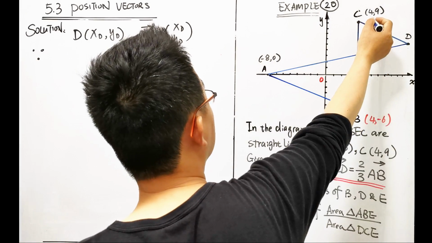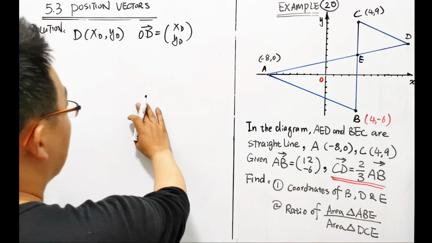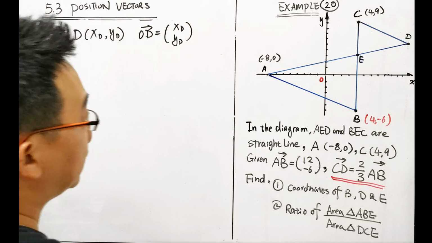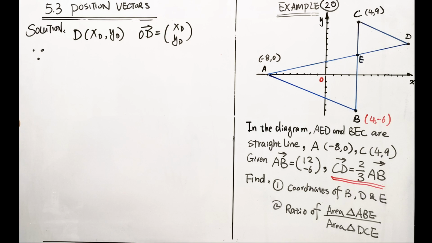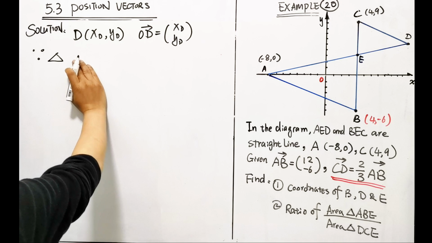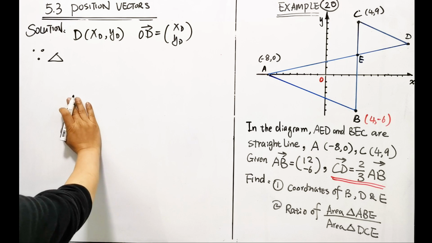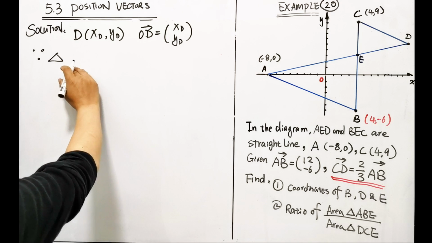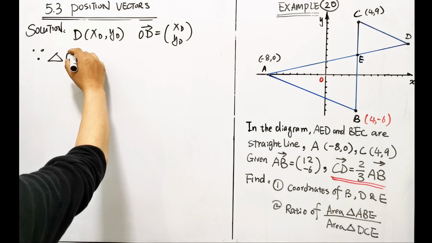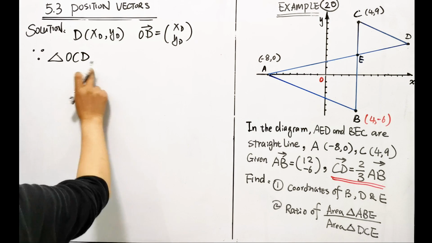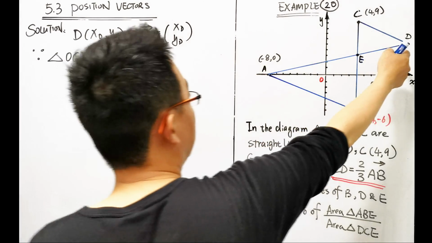Now from here we already know the C and D. For example, in this triangle OCD, what's the relationship for this D and C?